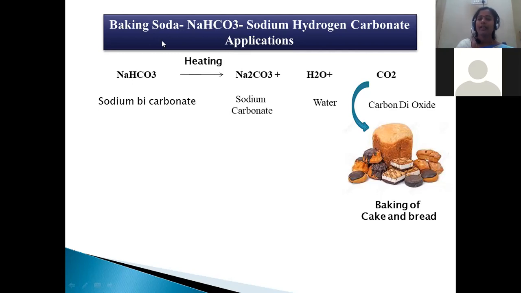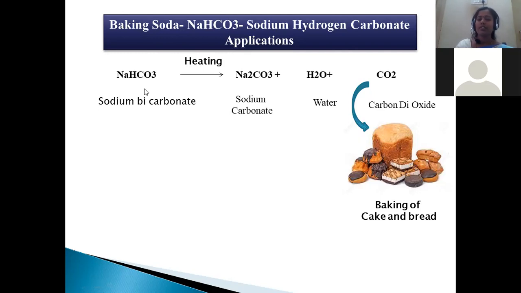Upon heating, sodium bicarbonate is converted into sodium carbonate. This is one application. During the conversion of sodium bicarbonate to sodium carbonate, the other byproducts are water and carbon dioxide. The carbon dioxide released in the reaction can also be used for baking food materials.